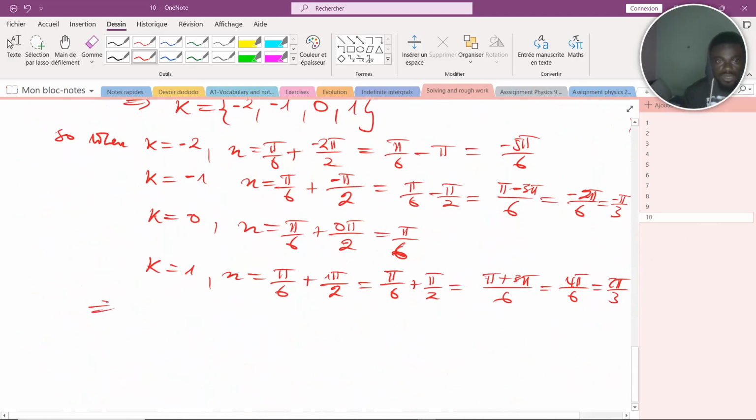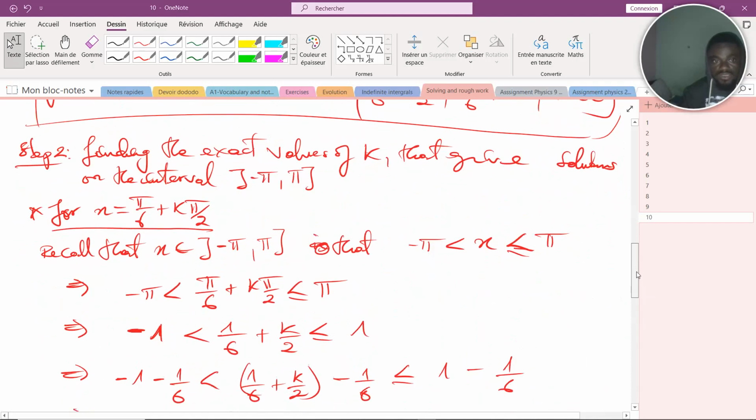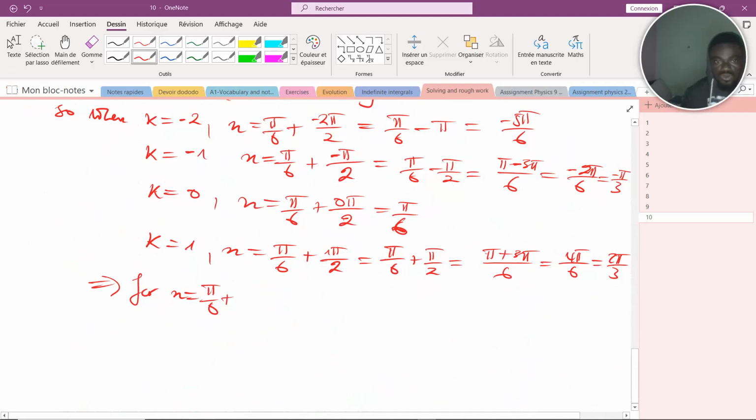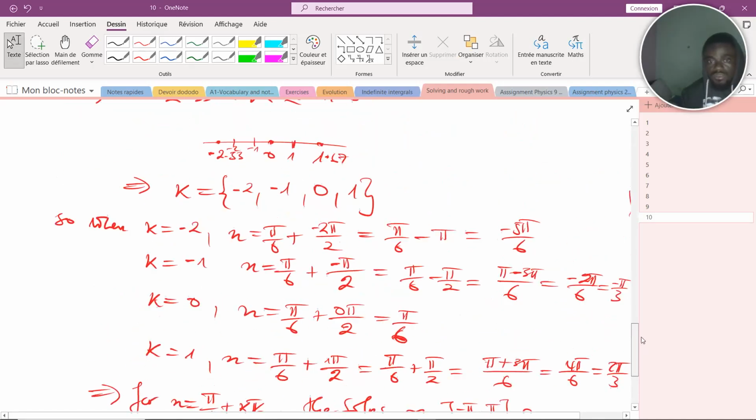So it implies, for x being equals to pi on 6 plus k pi on 2, the solutions on the interval minus pi to pi are what we had.